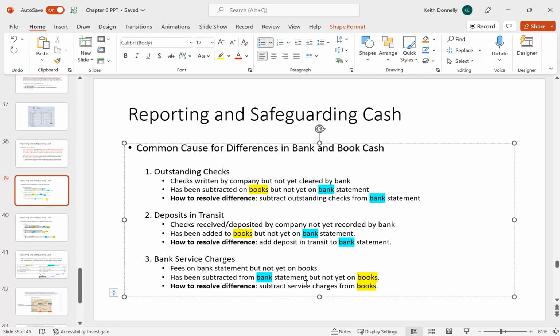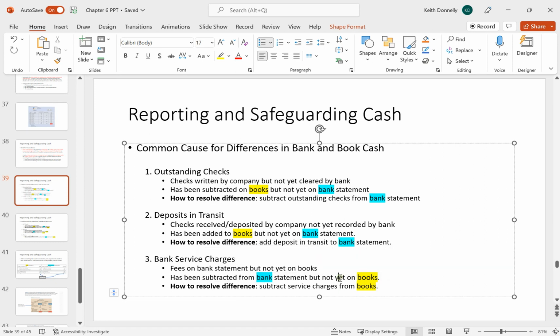Third one here, bank service charges. These are fees that the bank charges you. At some point you've probably opened up a bill or a bank statement and said, oh my gosh, what is this fee or what is this charge? Maybe you have an overdraft fee and you didn't know about it. The bank takes that out of your bank account automatically. They've subtracted it from your cash balance.